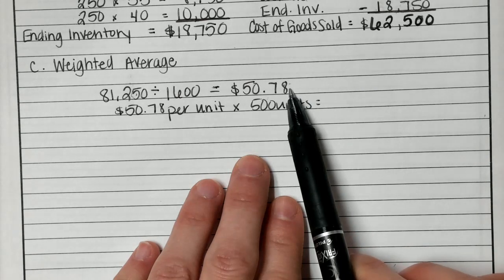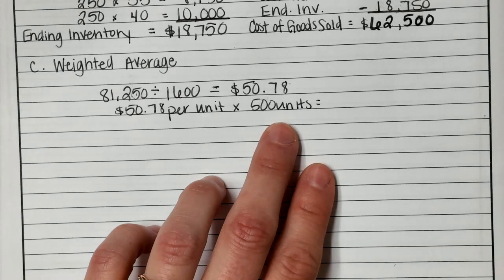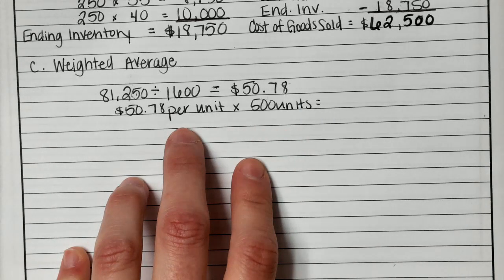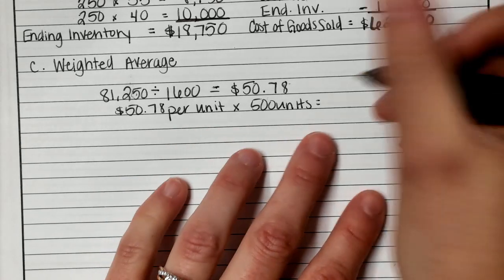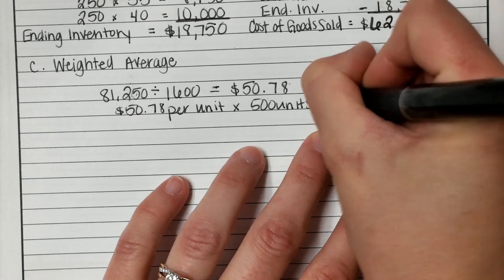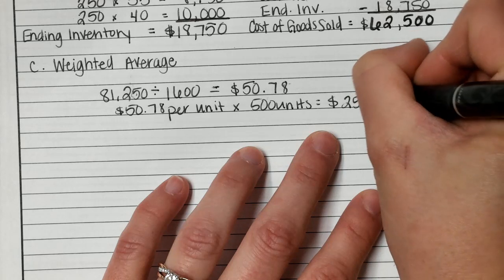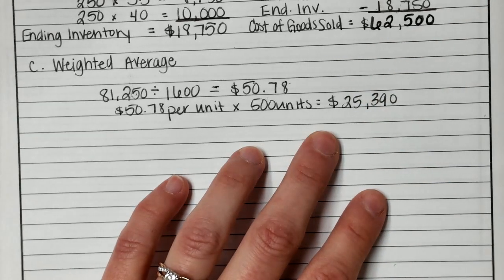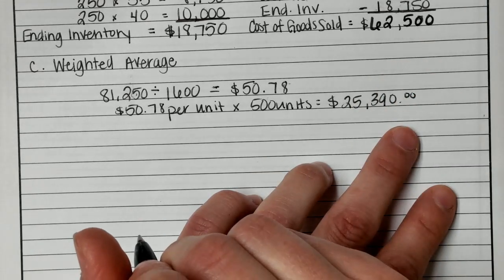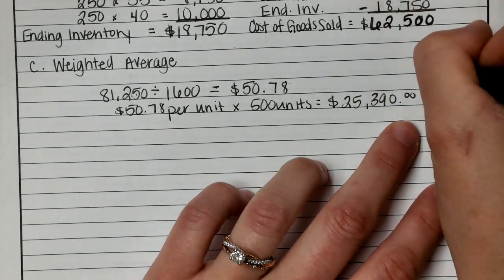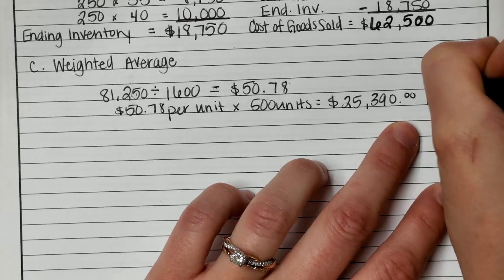Oh. So it was just saying to this cent. $50.78 times 500. $95,390 is your ending inventory.